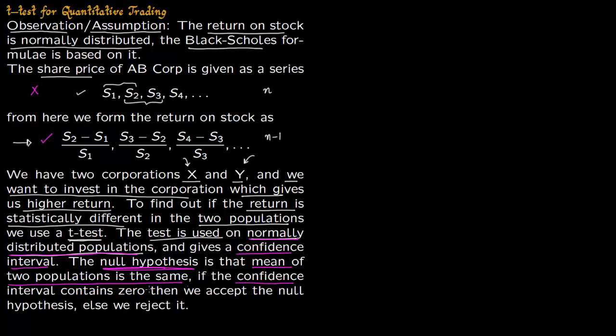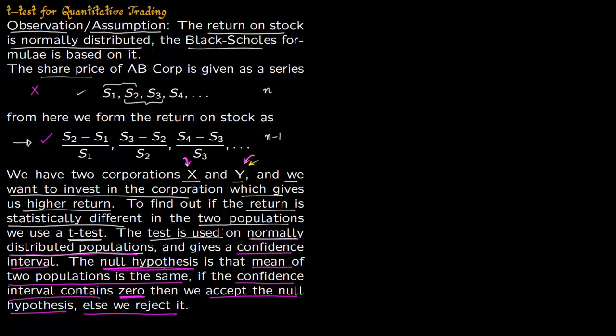If the confidence interval contains 0, then you accept the null hypothesis, that is, the mean of population X is the same as the mean of population Y. If the confidence interval does not contain 0, you reject the hypothesis. In that case, you say that the mean of population Y is significantly different from the mean of population X.